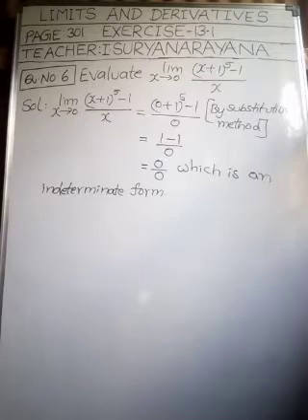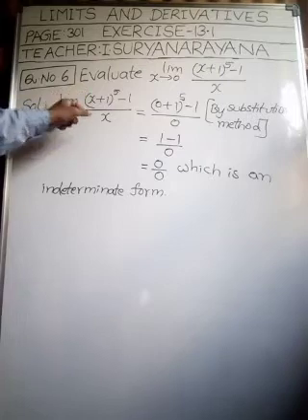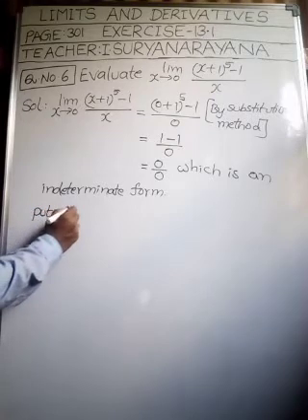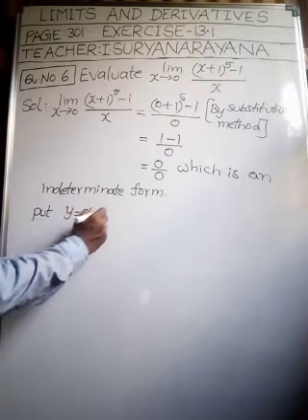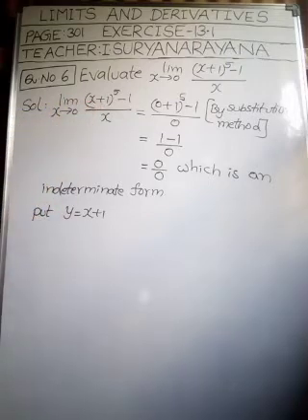Okay, my children? So let us modify this question according to our convenience. Put y is equal to x plus 1. Let us assume that x plus 1 is equal to y. Okay, my children?